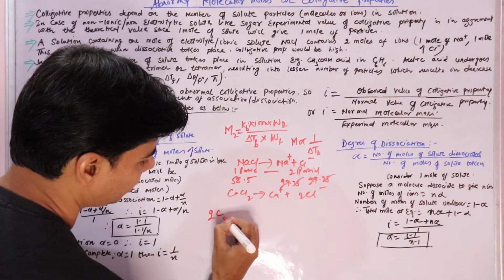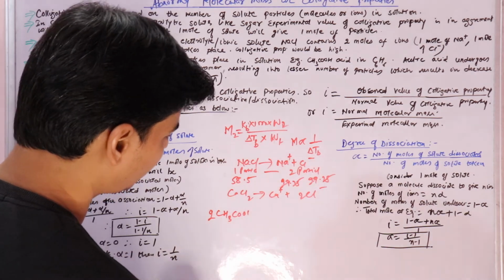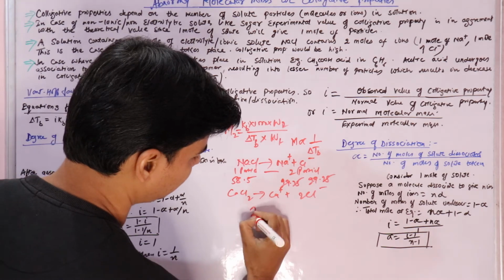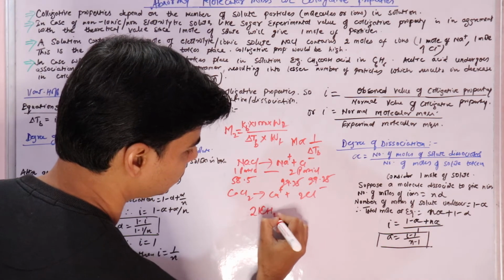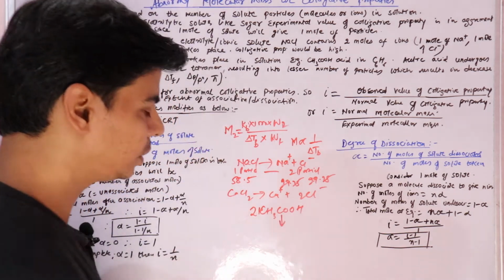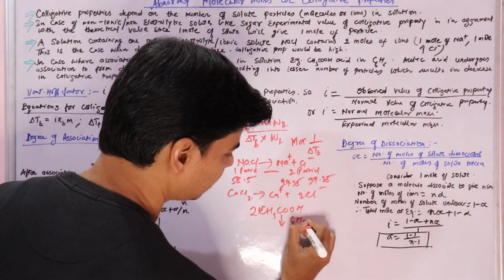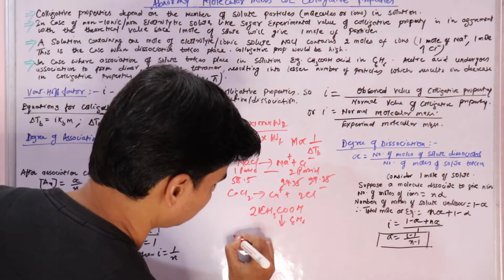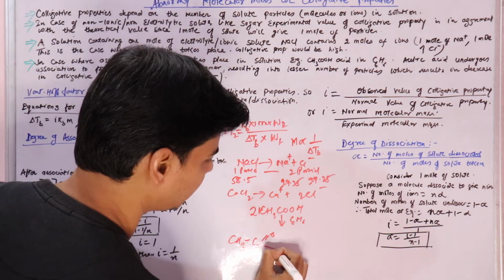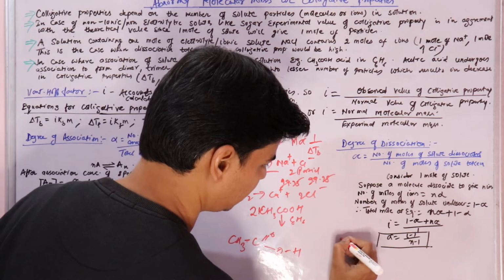So if we dissolve 2 molecules of acetic acid in benzene, we know that there is hydrogen bonding, right, between acetic acid molecules.